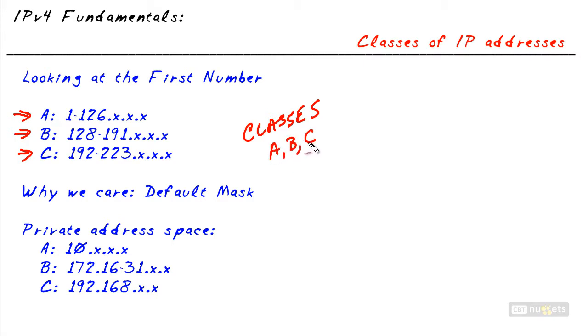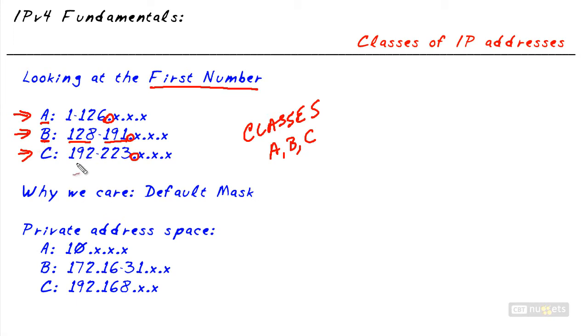Now the way you recognize a specific class of address is we look at the very first number before the first period. If it's in the range from 1 to 126, it's a Class A address. If that very first number is within the range of 128 through 191, it is a Class B address.